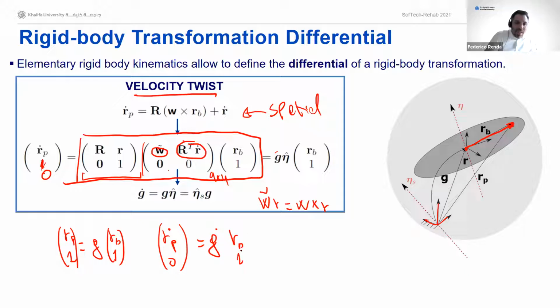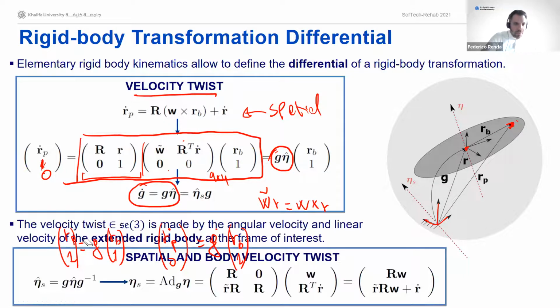Okay, RB 1. Now we don't have the derivative of RB because RB is fixed. It is a rigid body, so the point P is fixed in the local frame. So what we have discovered basically here is that G dot is G multiplied by eta, where eta is this 4 by 4 matrix that we call the velocity twist. This velocity twist is an element of the Lie algebra of the special Euclidean group.